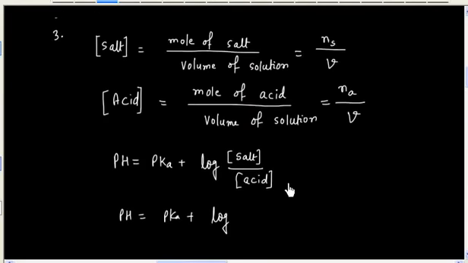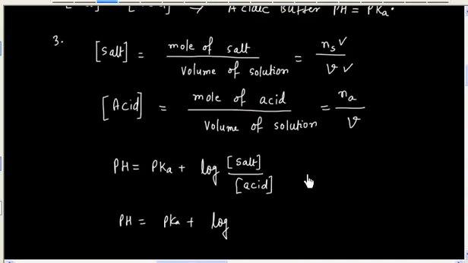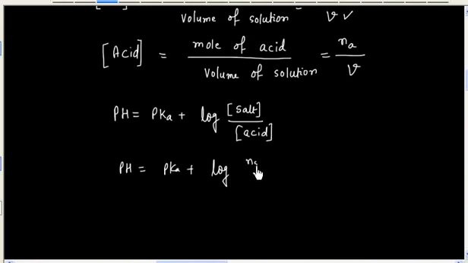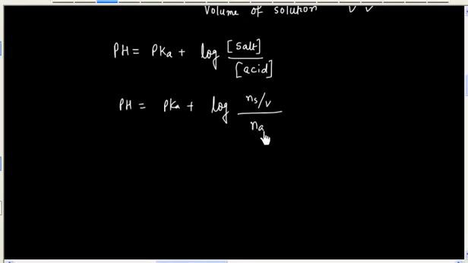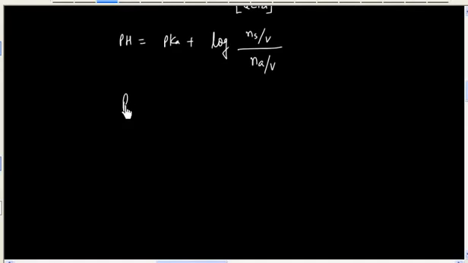Concentration of salt is moles of salt divided by volume, and concentration of acid is moles of acid divided by volume. So we can write pH is equals to pKa plus log moles of salt divided by moles of acid.